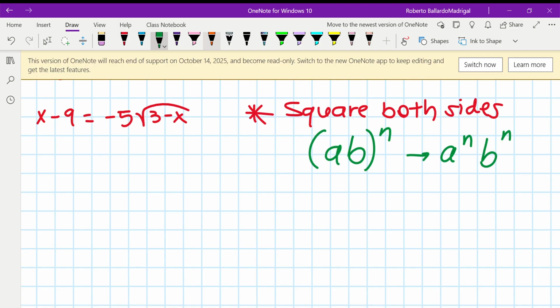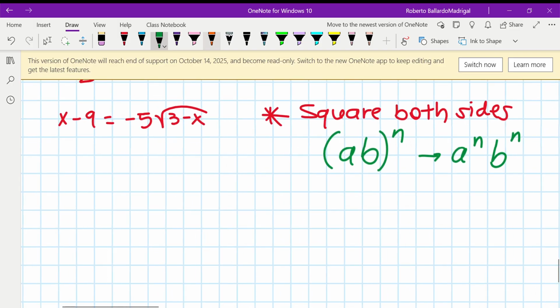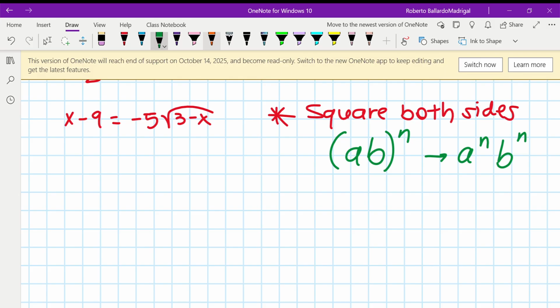Basically, you can distribute the exponent to all terms inside of the parentheses. So (ab) to the n, I can rewrite as a to the n times b to the n. All I'm saying is that I can put that exponent with each term. Obviously we want to get rid of this radical, which is going to require us to square both sides.